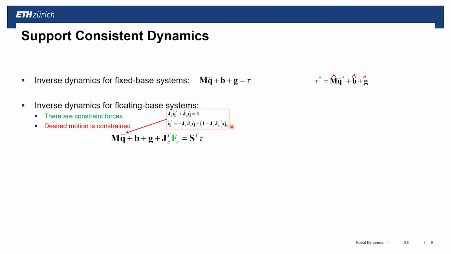So it is essentially something which is projected into the kinematic null space of the contact constraint. So we can't freely select q double dot, but we can only select q double dot such that it is compliant with this constraint. So in other words, what we would like to do is take this equation with a q double dot that is consistent with the constraint, and project this into a lower dimensionality such that we get rid of the contact forces.